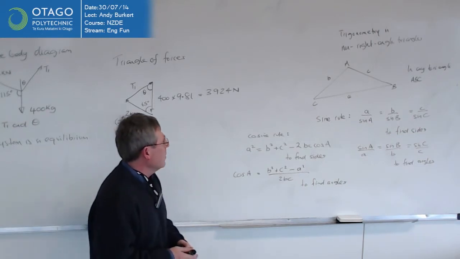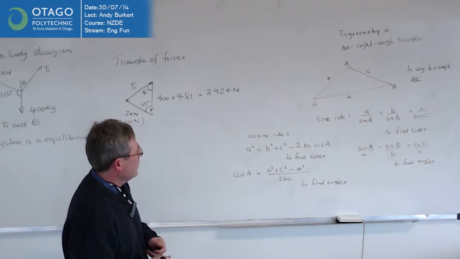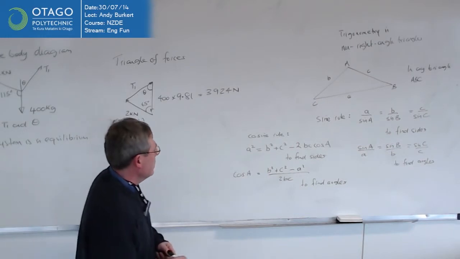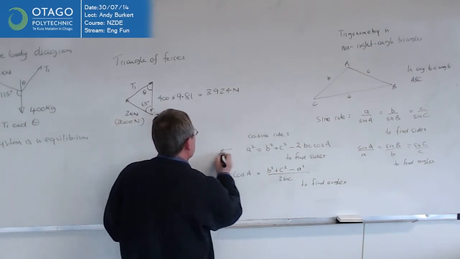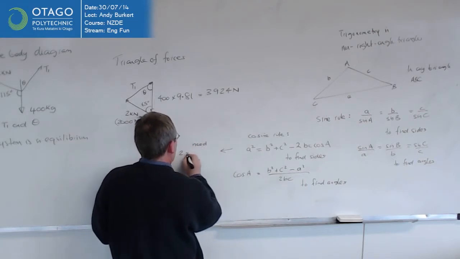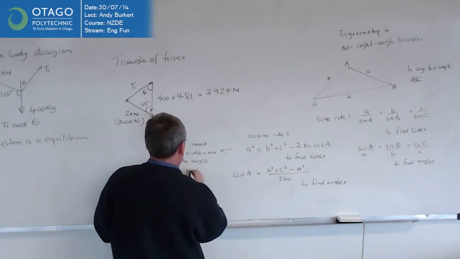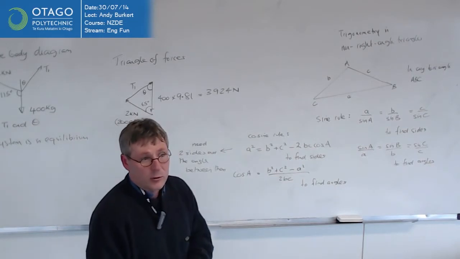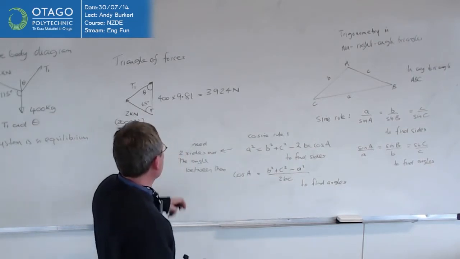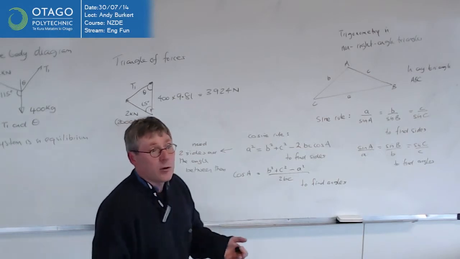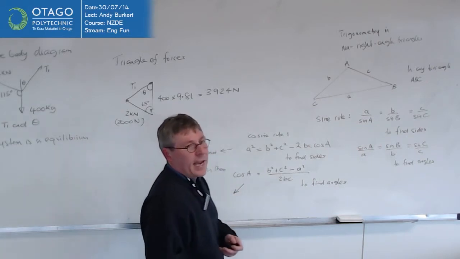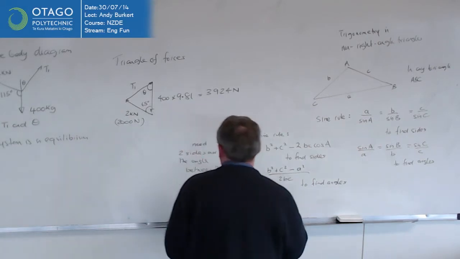So the way I remember it is, if you want to use the cosine rule to find a side, we need two sides and the angle between them. If you don't know that, you've got to use the sine rule. But if you know two sides and the angle between them, we can use the cosine rule to find a side. If we want to use the cosine rule to find an angle, we need to know all three sides.